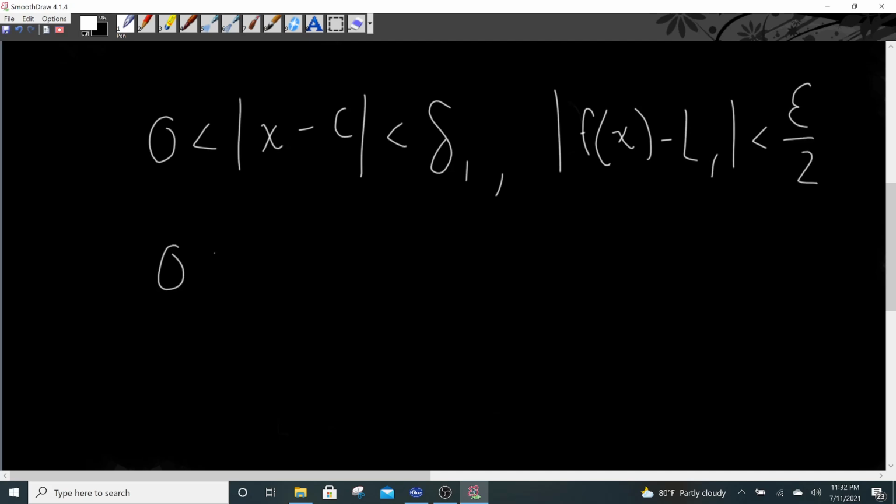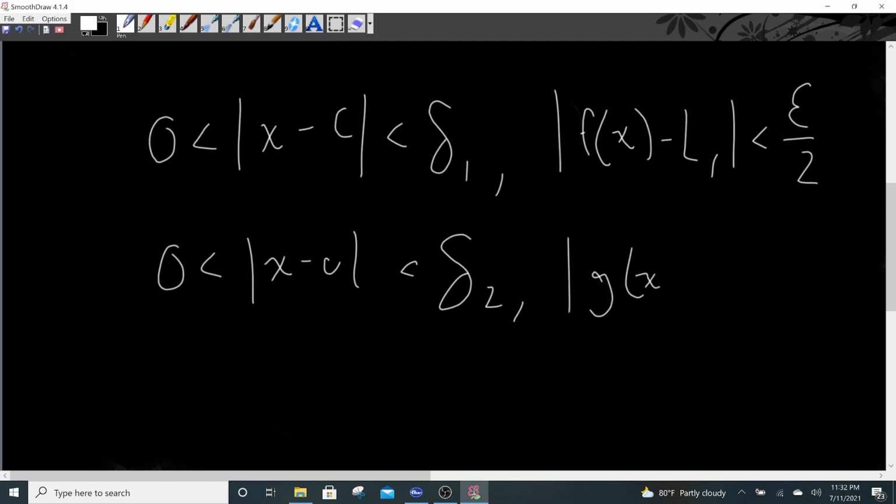And then the same expressions, less than delta 2, imply that the absolute value of g of x minus L2 is less than the arbitrary value epsilon over 2.